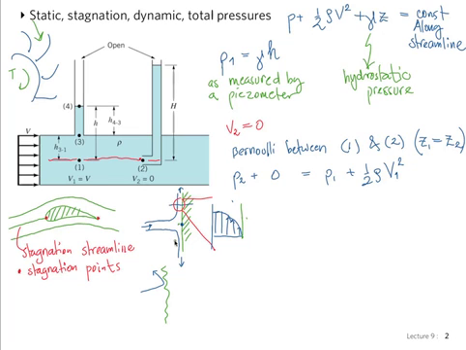Just out of the wall here, the streamline comes to a complete stop. The fluid stagnates. That's why we call it stagnation streamline. That's the concept that we use, and it turns out to be very useful. Is that better? Yes? Good. Thanks for your question once again.